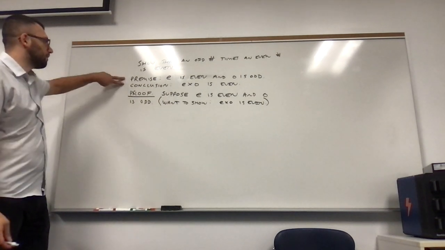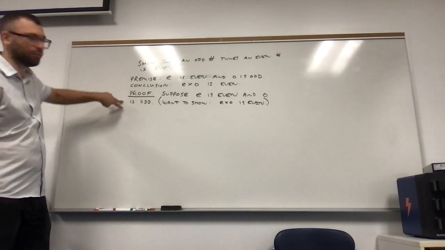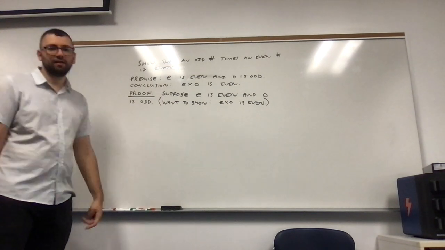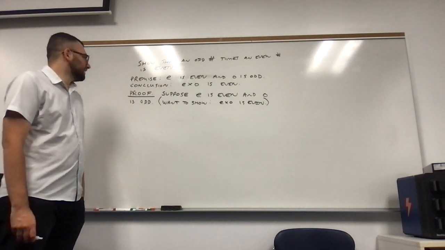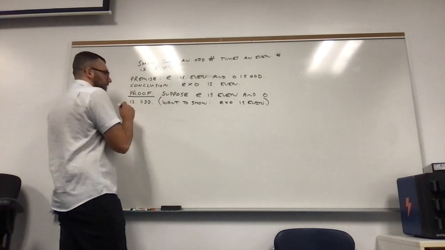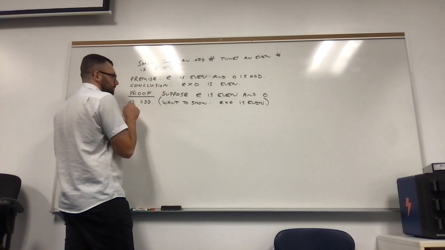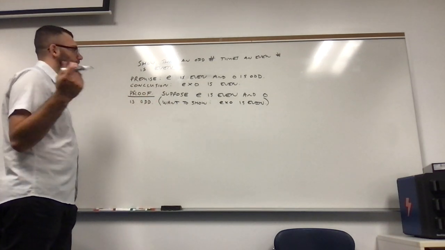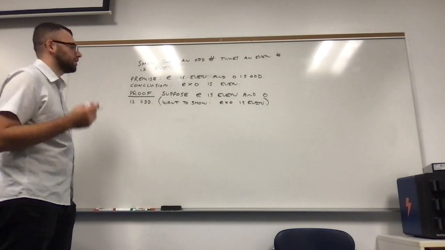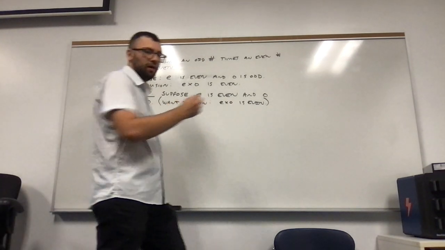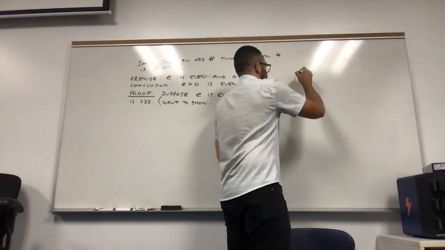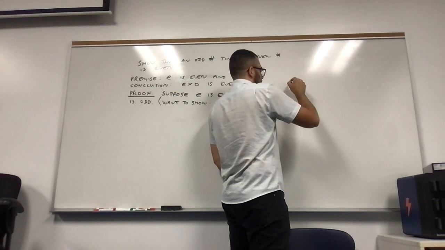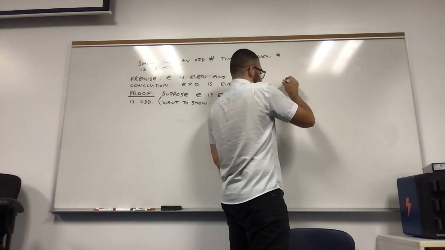So literally we're copying the premise and conclusion a second time. We're just writing it again on the paper. Okay? Great. So you've got that. We've supposed E is even and O is odd. From there, how can we get to E times O is even? So usually the way that we do proofs like this is we have two ways of talking about things.